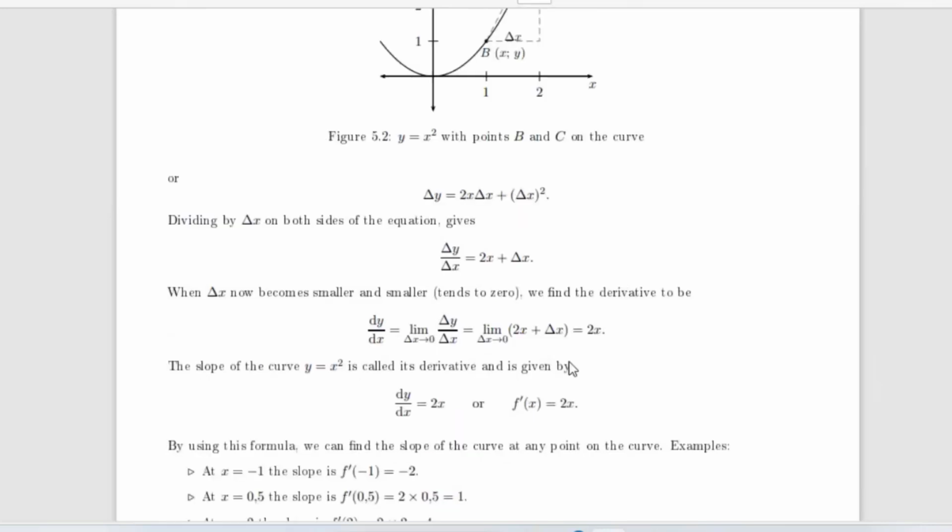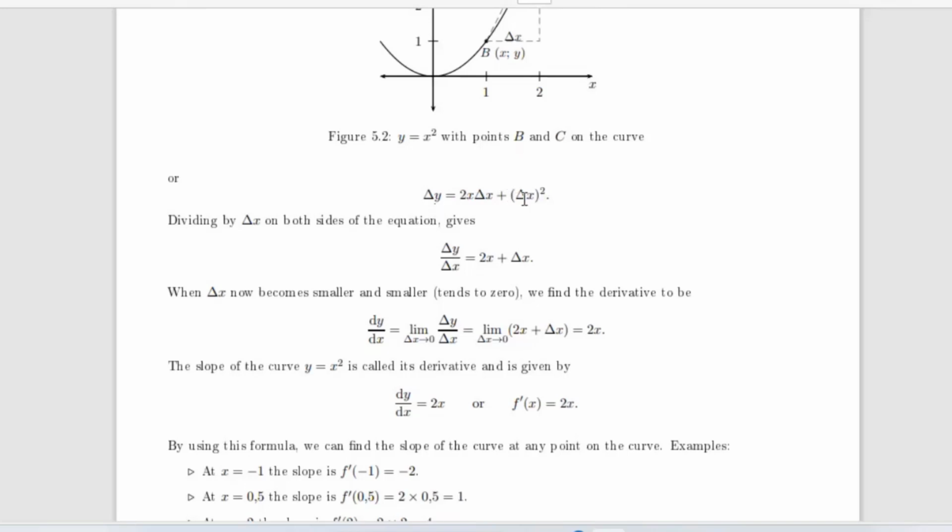Okay, this is what they are left with. Now, they are saying divide by change in x on both sides of the equation. On the left-hand side, it will be change in y over change in x, which is equal to 2x plus change in x.